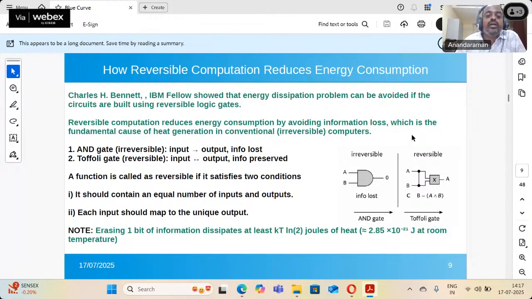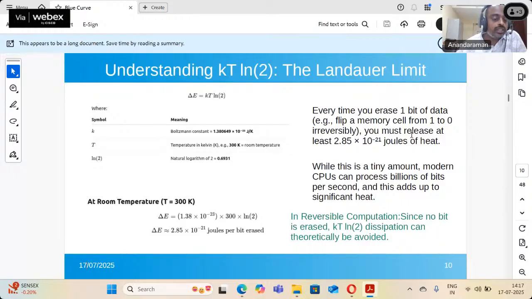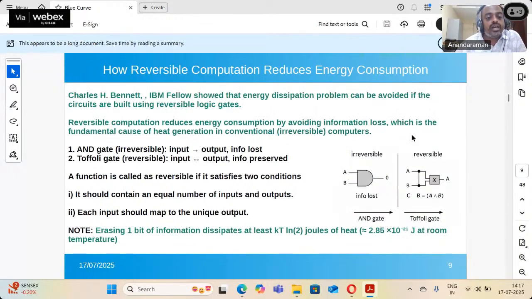So based on this Landauer principle, another IBM scientist, Charles H. Bennett, an IBM Fellow, showed that the energy dissipation problem can be avoided if the circuits are built using reversible logic gates.